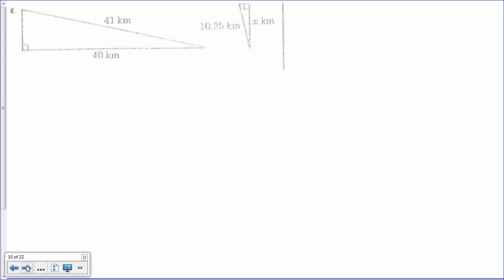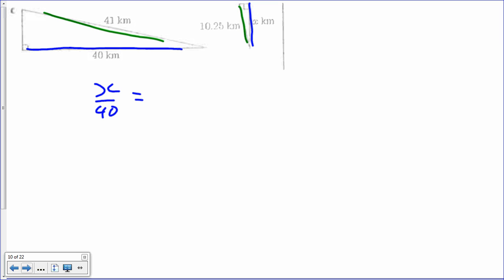Next question, we need to find out x in this case. We're told the figures are similar, so this side and this side are going to be similar. This side and this side are going to be similar. So what we have here then is x over 40 equals 10.25 over 41.